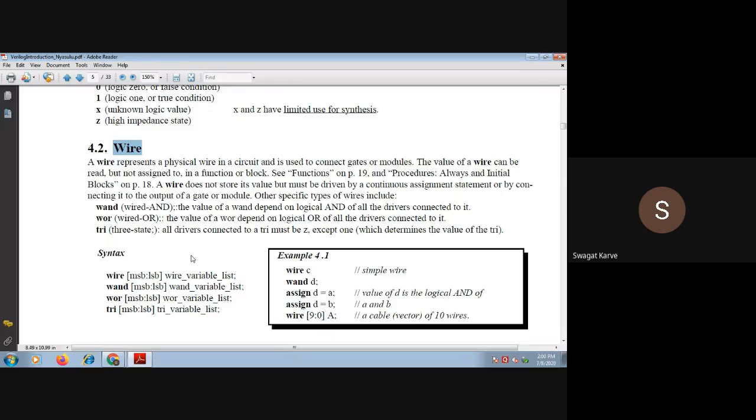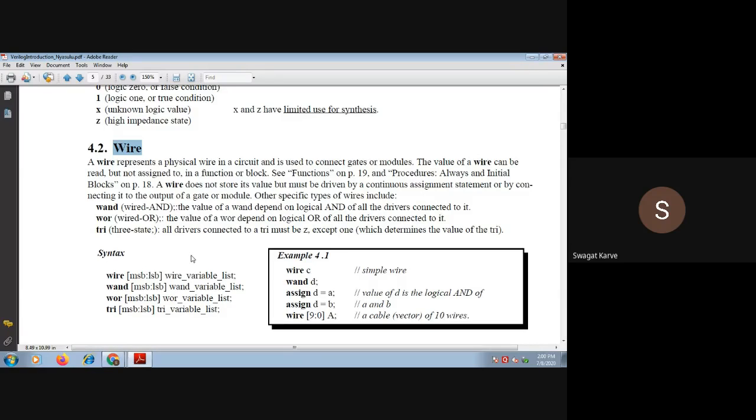The value of a wire can be read but not assigned to in a function or block. That means whatever the value of that wire, you can read it, but you cannot assign a new value to it.